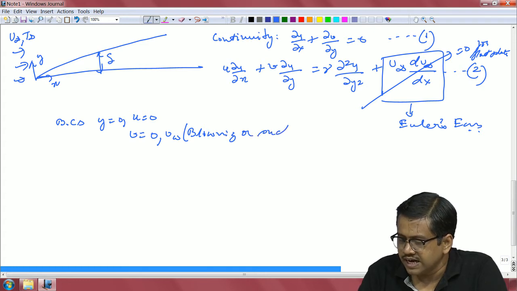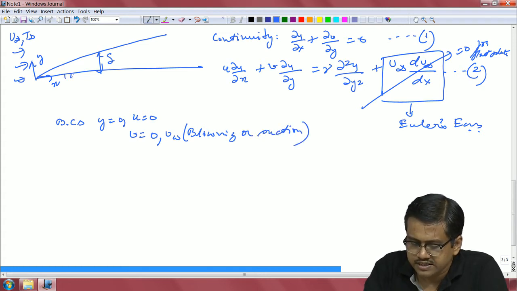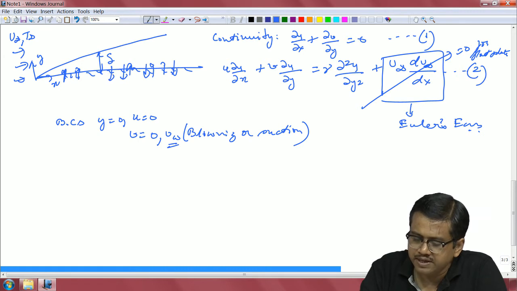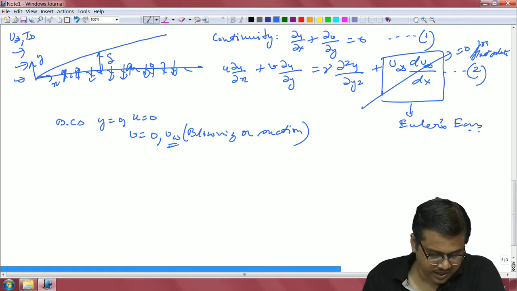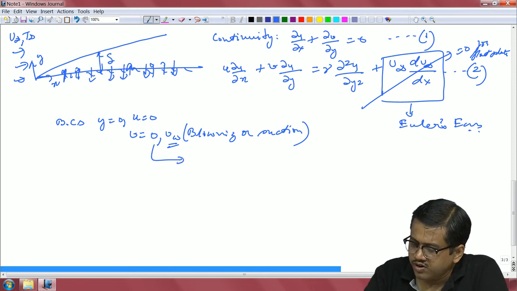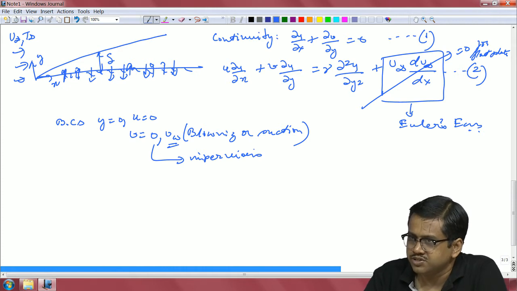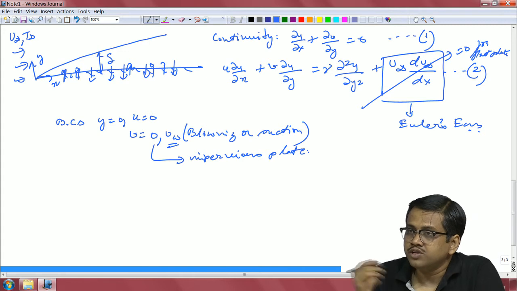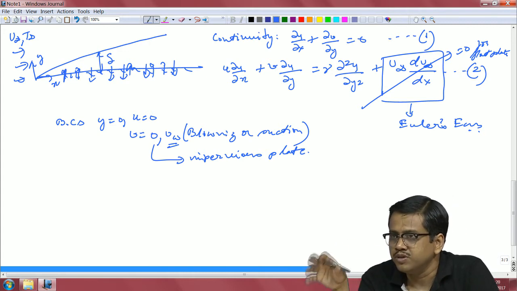We will cover this a little later, but it is like if this plate is kind of porous, that means there is a flow coming up like this, that can be accounted for by Vw, or if the fluid is actually seeping through, that can be given as Vw. So, it will normally be 0 for an impervious plate. We will do all these special cases later, I am just writing it in a common way, so that later on we do not have to come back to the integral formulations once again.